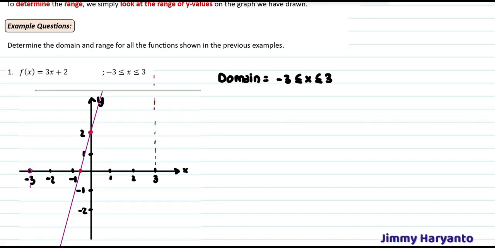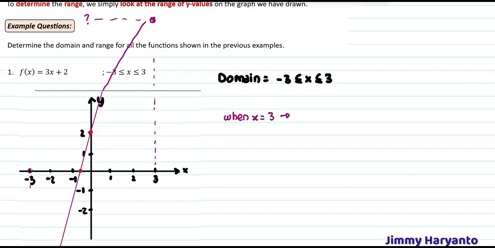As you can see, the graph will be increasing until it reaches 3, right? But we don't have the value of y, so we have to calculate it first. When x equals 3, y will be 3x plus 2, so y equals 3 times 3 plus 2, which is 11. That means when x equals 3, y is 11.